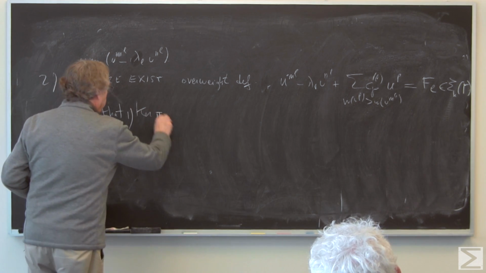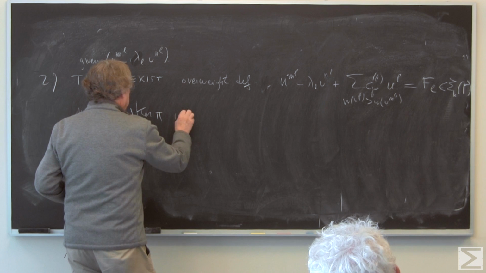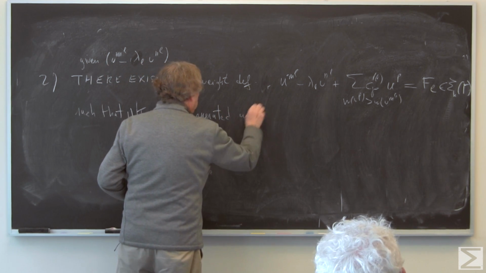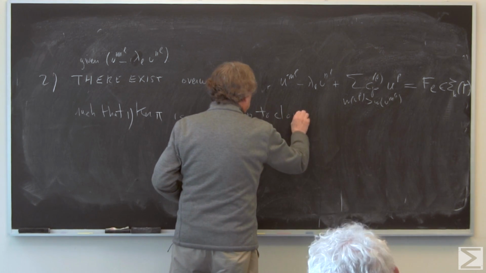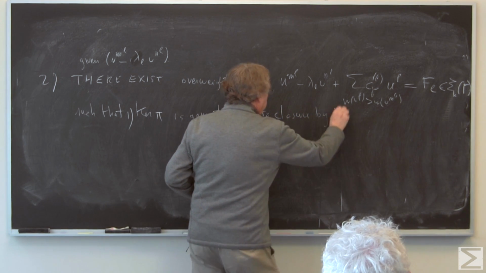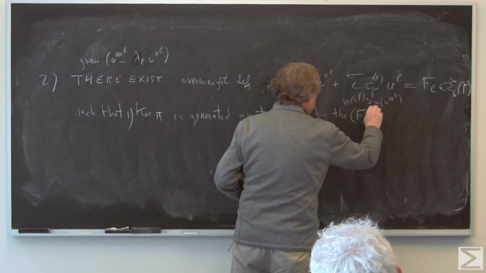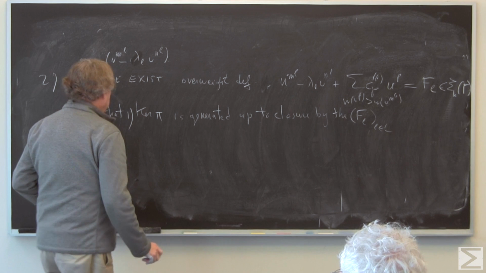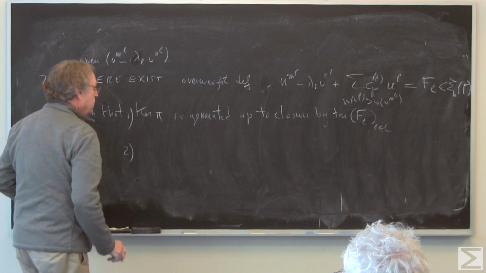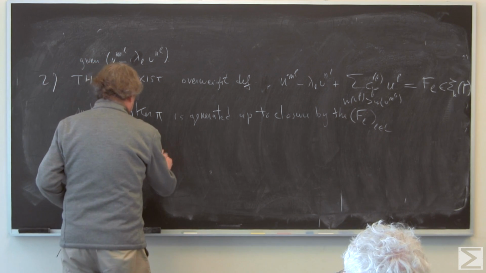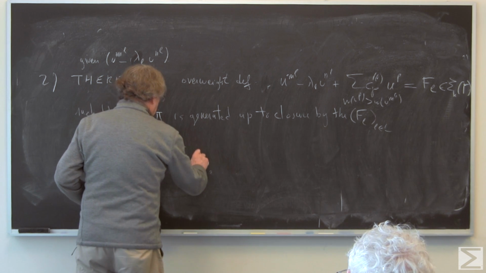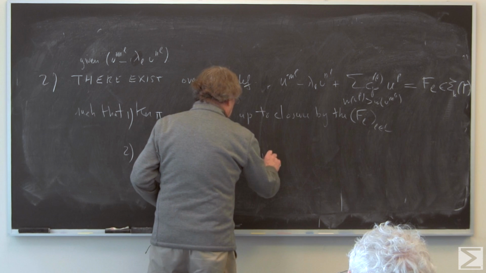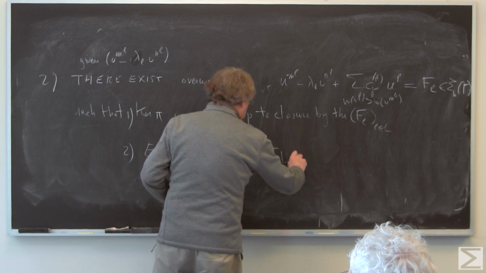First, the kernel of my map is generated, up to closure, by the ideal generated by the F L. This is the first property. And the second property: each F L involves only finitely many variables.